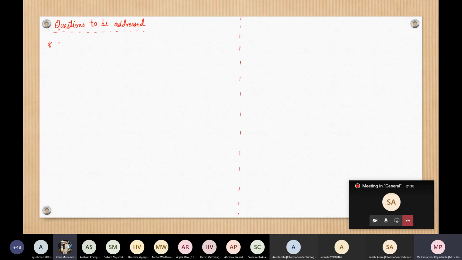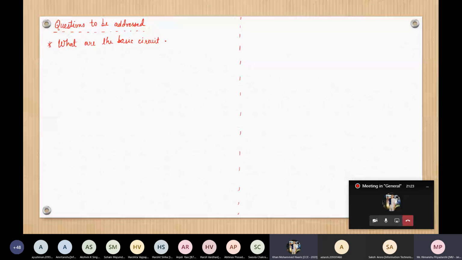What are the basic circuit elements of a DC network?